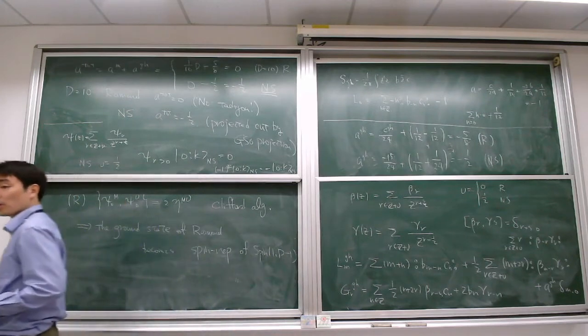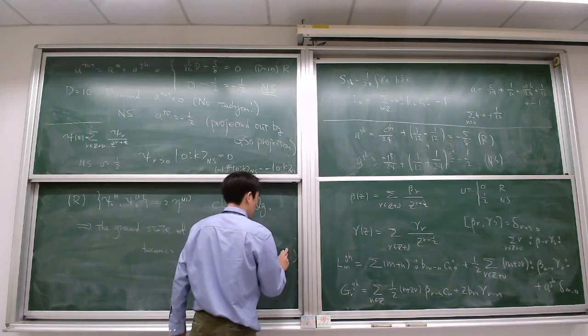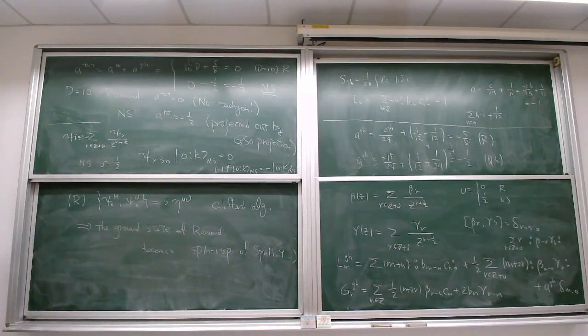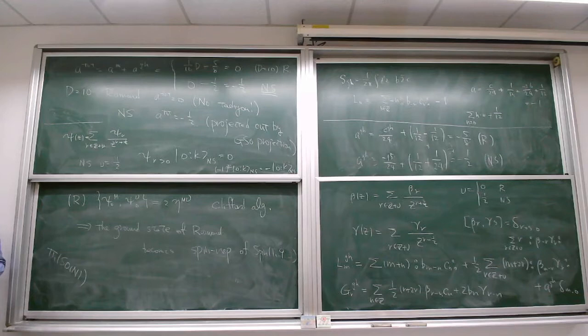We are going to consider D equal to 10. Do you know spin group? Spinor representation? I mean, do you know the fundamental group of SO(N)? For SO(3), the spin group is divided by Z2.